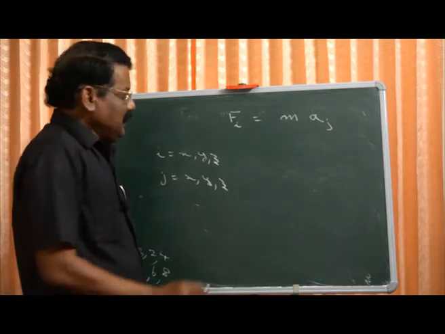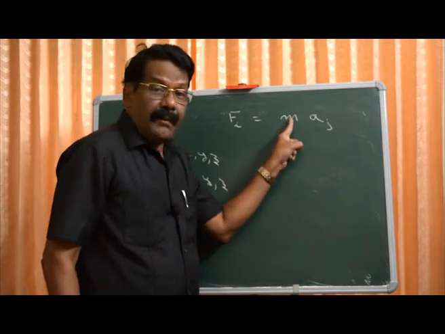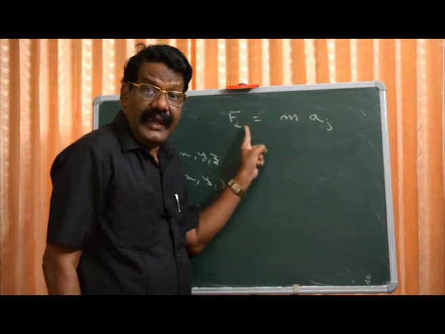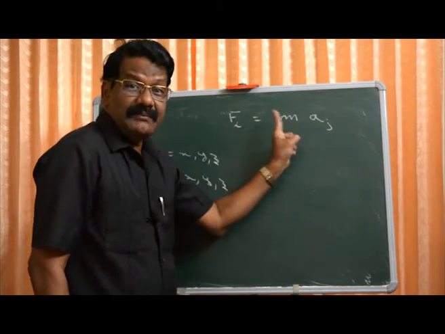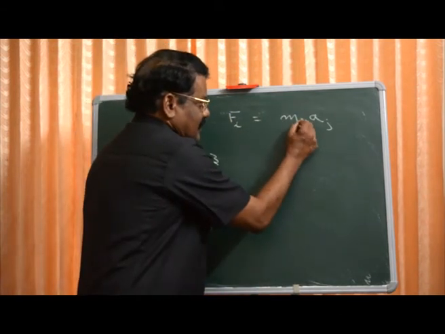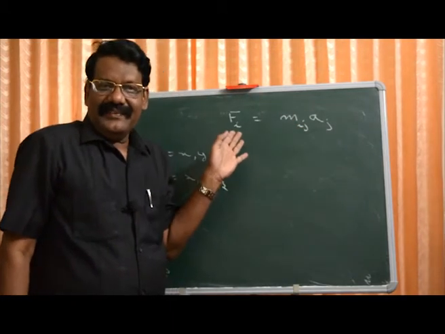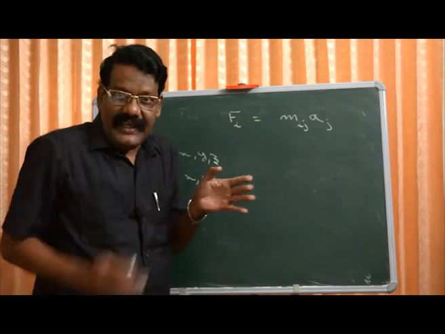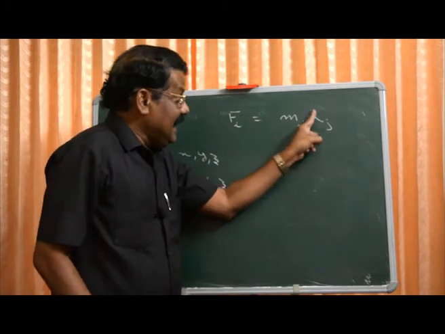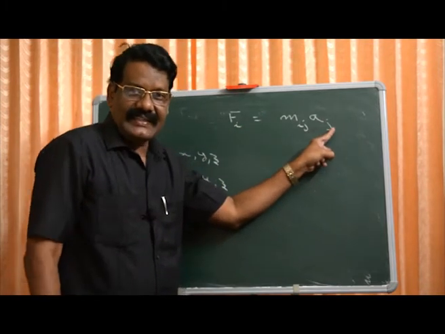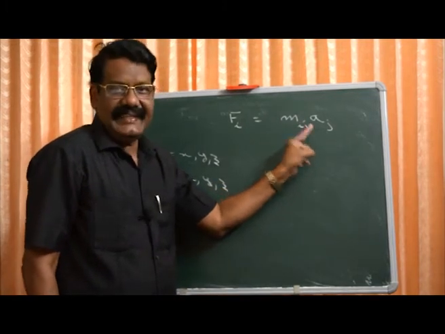Correct? Now, I already told you m is the coupling constant between Fi and aj. So, m should be rewritten as, am I correct? m is a coupling constant between Fi and aj, or I can say m is mij.